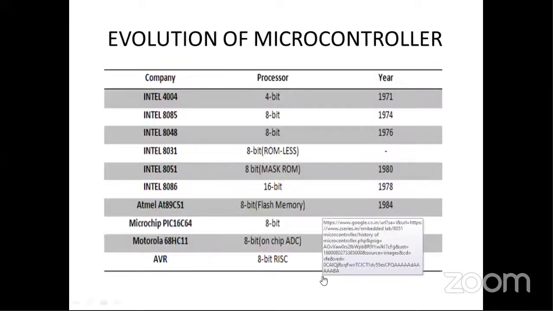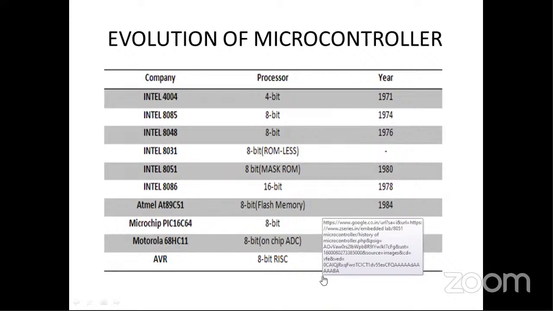Moving toward the evolution of microcontroller, how it came to existence. Firstly, Intel, integrated electronics, designed its first microprocessor in 1971, which was 4-bit. After that, the 8085 processor came to existence in 1974, which was 8-bit.